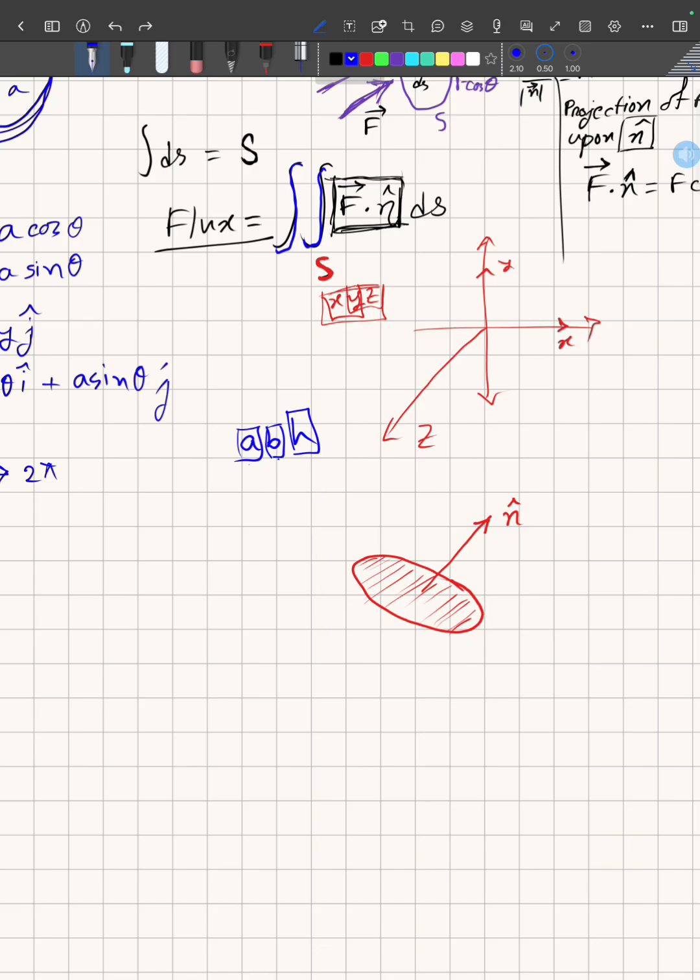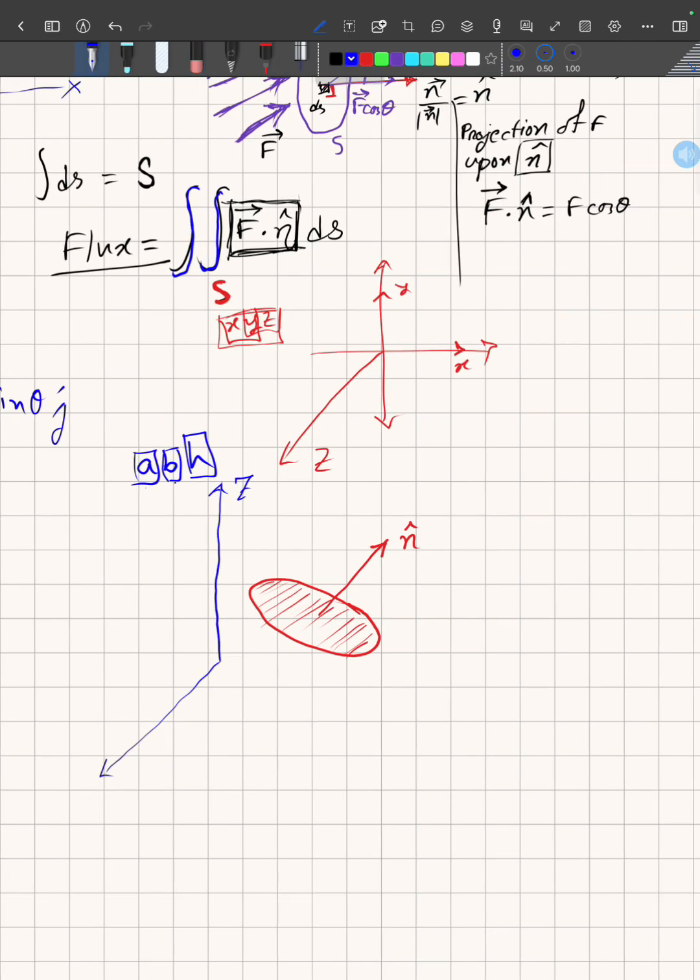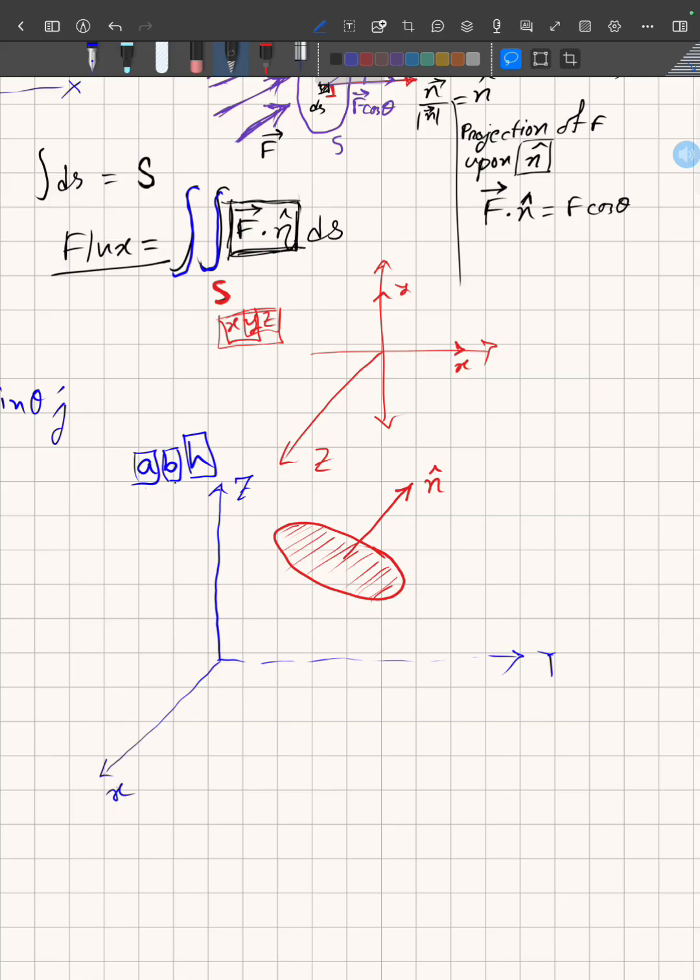Now let me just draw the axes. This is x, and in this direction we have our y. The bottom line, move it up. Great. So I'm just going to erase these things for better understanding here.